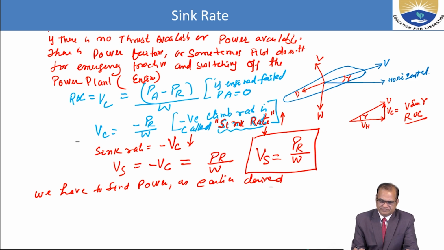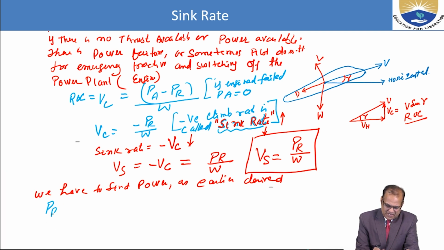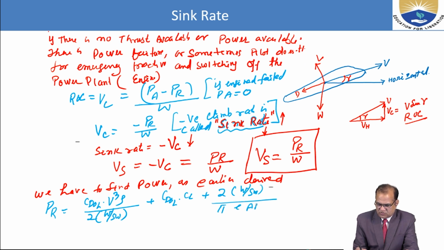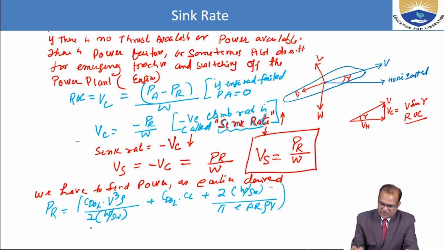We have seen that PR is equal to CD naught L V cube rho divided by 2 W by SW, plus CD naught L into CL plus 2 into W by SW divided by pi E aspect ratio rho into V. So this into here we can write W.